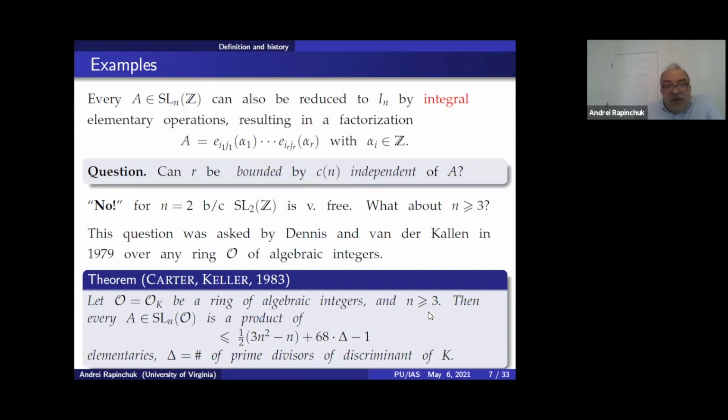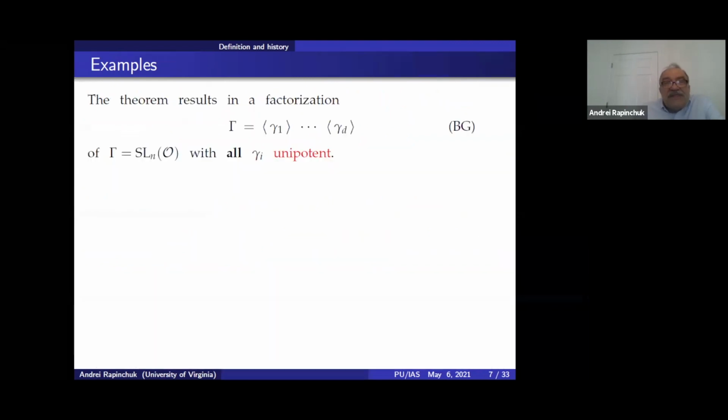Then every unimodular matrix over O is a product of at most this number of elementary matrices. Of course, as you see, the bound is independent of the matrix, and it's weakly dependent on the field. So here we have delta, which is the number of prime divisors of the discriminant of K. And I will get to this again on the next slide. Now, this, again, purely linear algebra theorem results in a bounded factorization of our group SL_n(O) as a product of cyclic subgroups where all generating elements are unipotent.